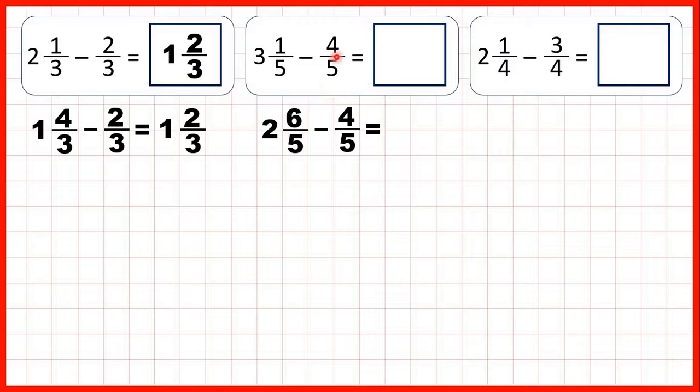But now we can take 4/5 away. So 2 minus nothing is 2, and 6/5 minus 4/5 is 2/5. So our answer is 2 and 2/5.